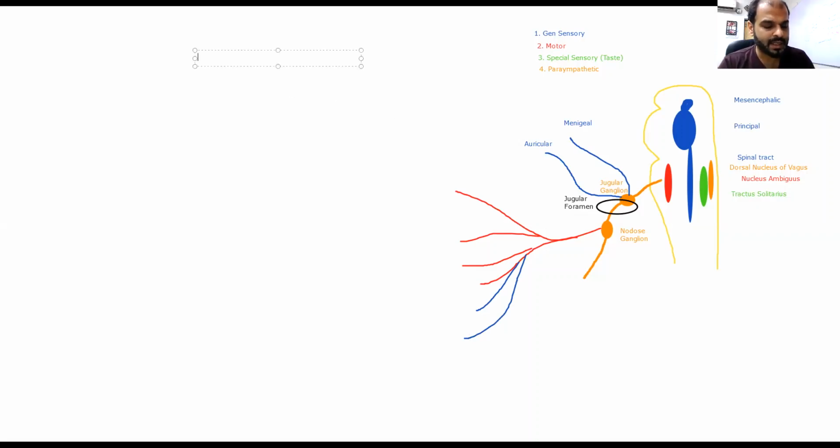Now we should write it here separately: the pharyngeal plexus of the vagus nerve. Now it is very, very important. Point number 1: it is motor, so it will be supplying all muscles of the pharynx except, can anyone tell me?